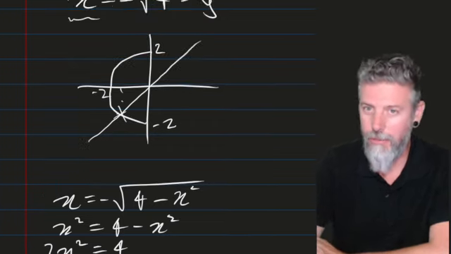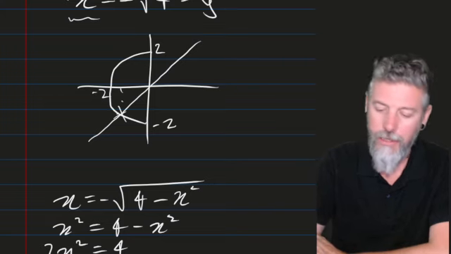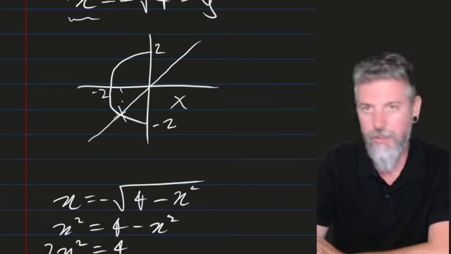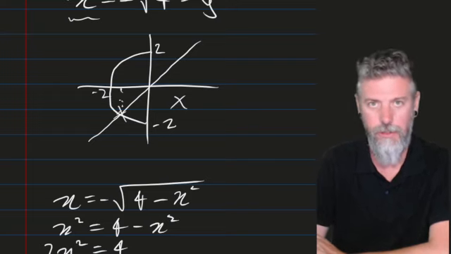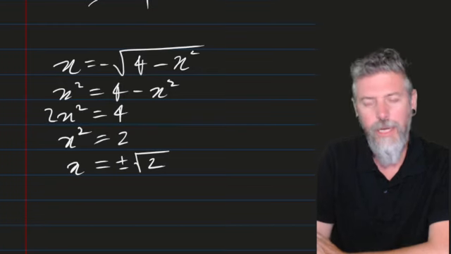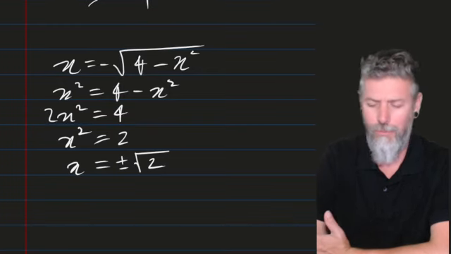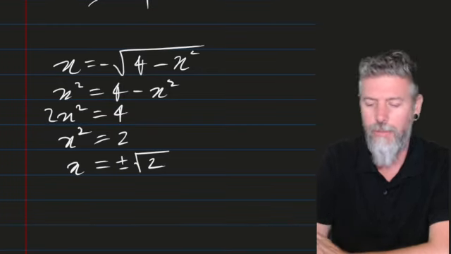But if I go back to my actual graph, I don't have any positive x solution to this. I just have this negative x solution. So therefore, it must just be the negative root 2. But how do I say this, or what am I even talking about here?